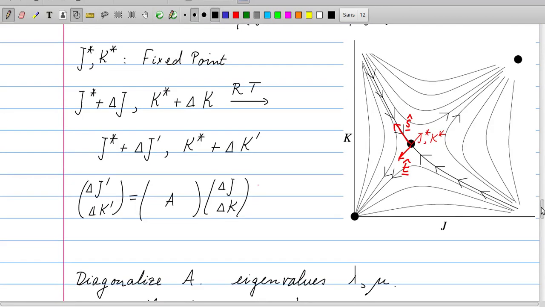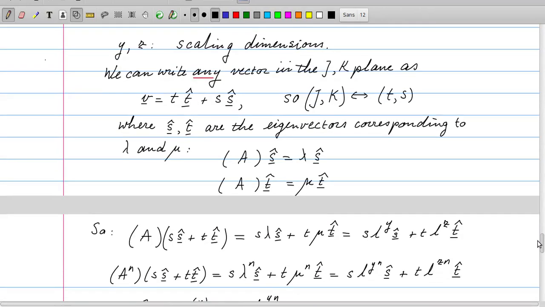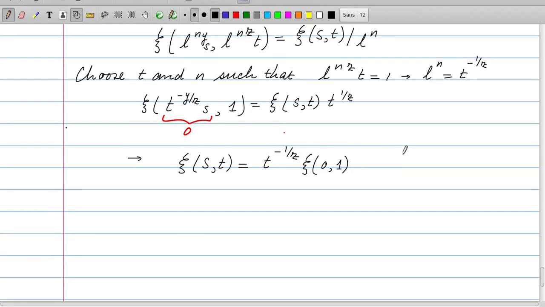And so this parameter t, which is the parameter along this line, I can safely identify with T minus Tc. At least it should be proportional to T minus Tc.